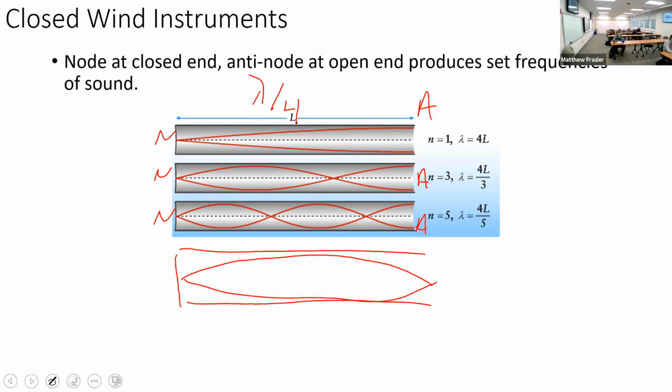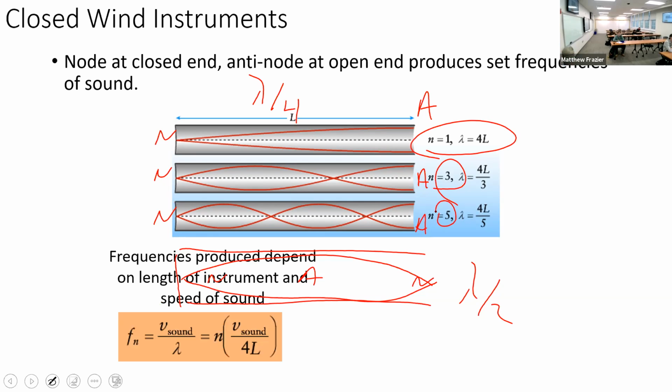The next one would have a node here and a node there, and an antinode in the middle. It just doesn't fit. So we can't have n equals 2, and the same argument gives us n equals 4 and n equals 6. Effectively, closed pipes are limited to the odd harmonics, and that's what we have pictured here. The modes are 1, 3, and 5.